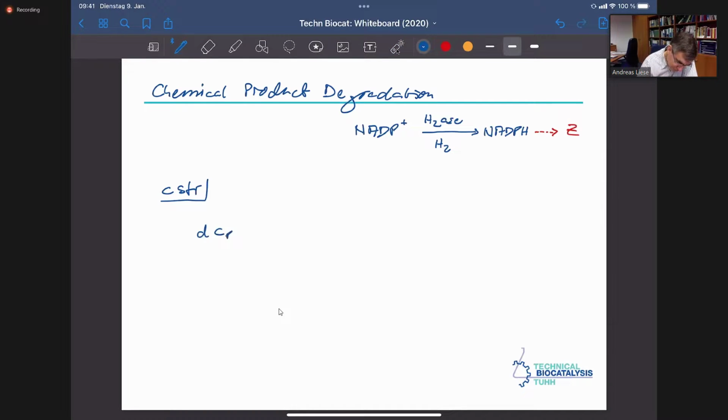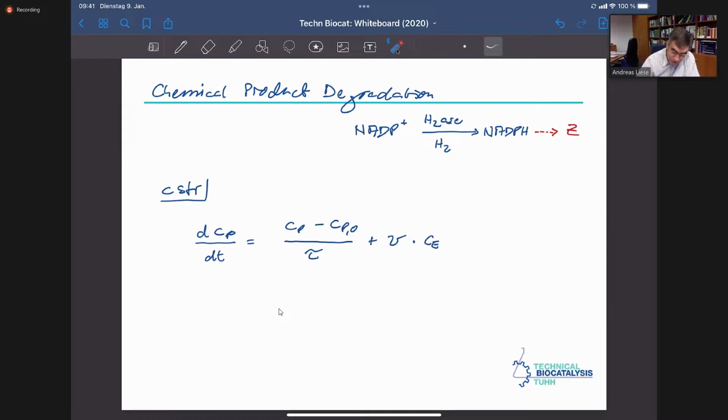Well, we need to describe the change of concentration of P by time. And that equals, now comes the residence time term for the CSTR. So we have the concentration of the product minus the concentration of the product at time point 0 divided by the residence time, plus now the kinetics for generation of the product. So that's the reaction rate, the kinetic term there, double substrate kinetics, Michaelis-Menten, or whatever you would like to choose, times the concentration of the enzyme, and the term needs to be positive because it's product generation.